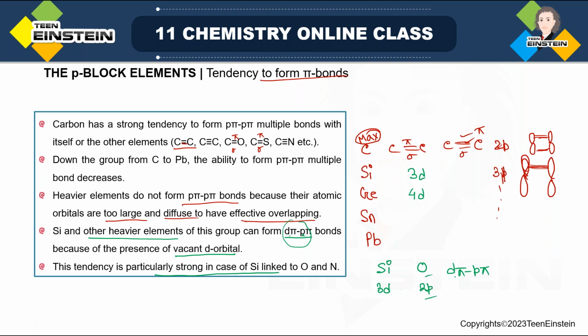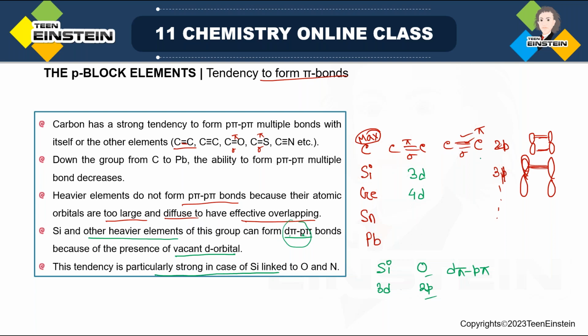So silicon linked to oxygen and nitrogen forms d-pi bonds, where d comes from silicon and the p orbital comes from oxygen and nitrogen. This type of bond formation is better. Okay, so that is all about the pi bond formation tendency in case of group 14 elements.